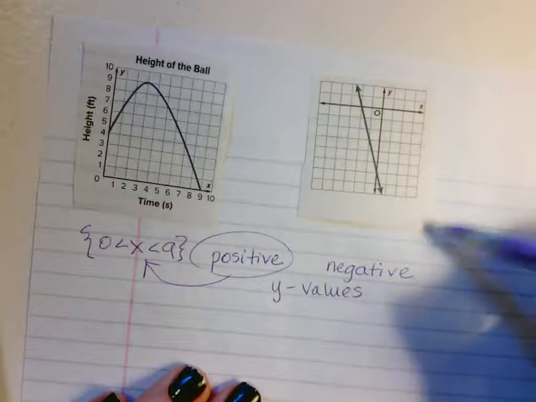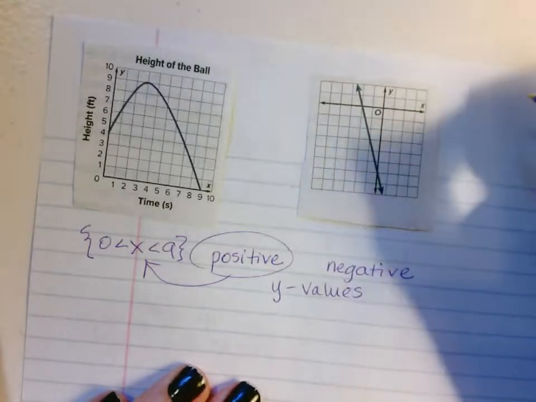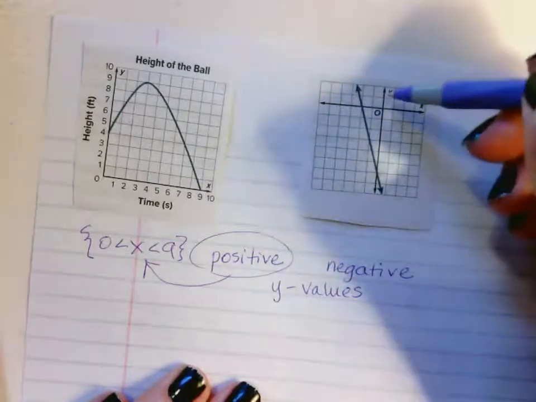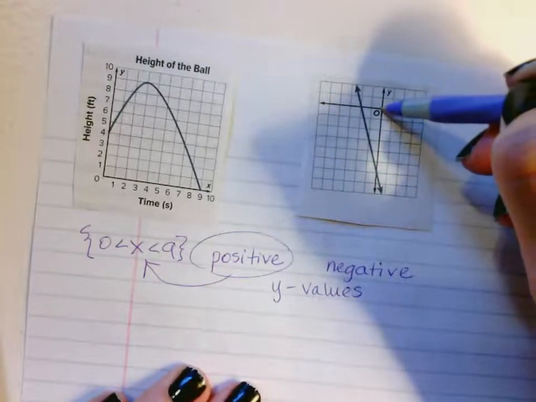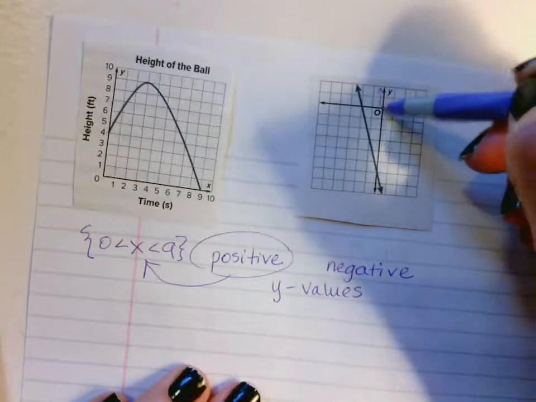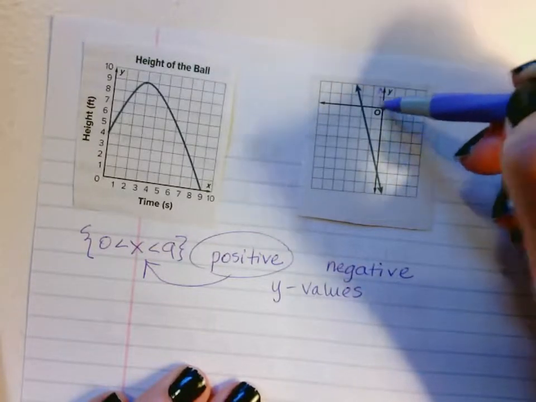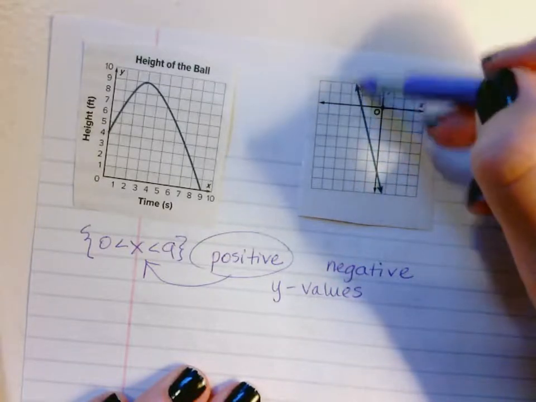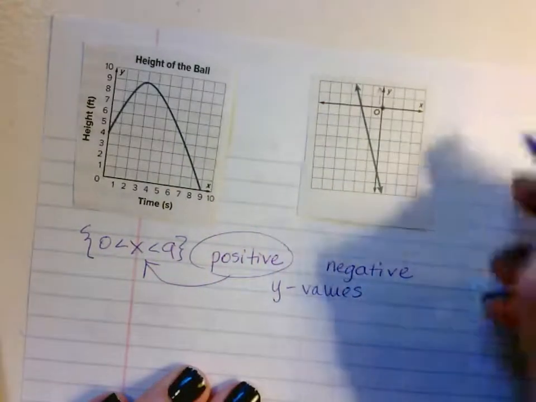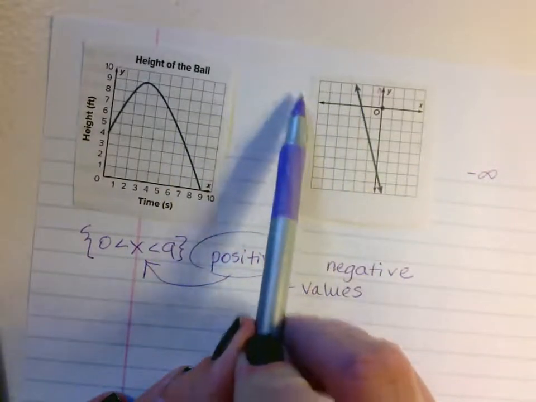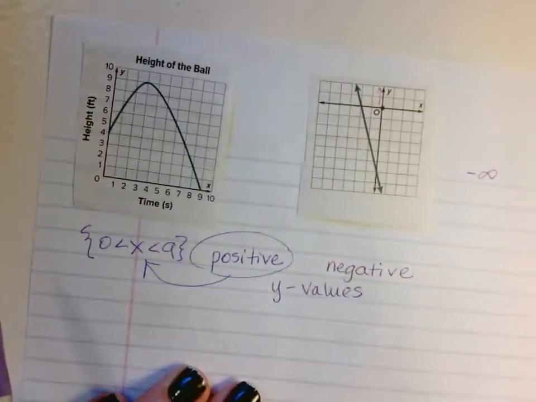Now let's look at this example. Okay, so it looks like the y values, here's the origin. So from here on up, the y values are positive. Well, when does the graph exist there? Reading left to right, if we start way out at negative infinity, the graph would be positive.